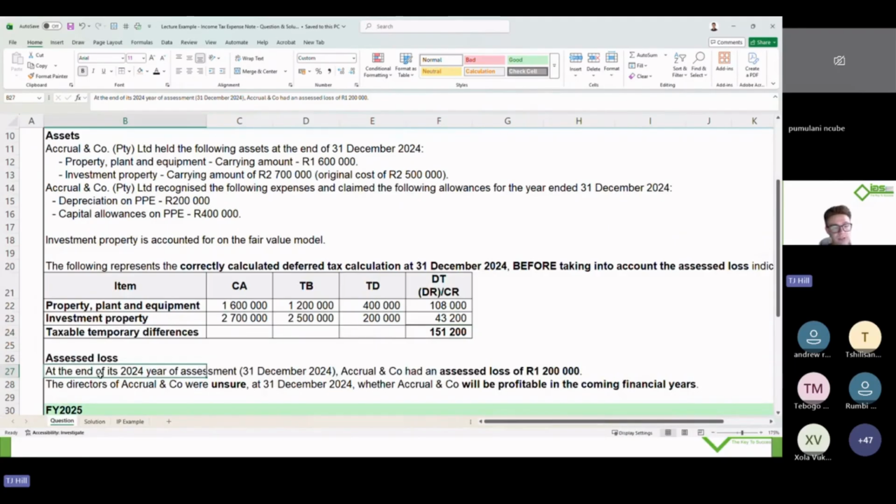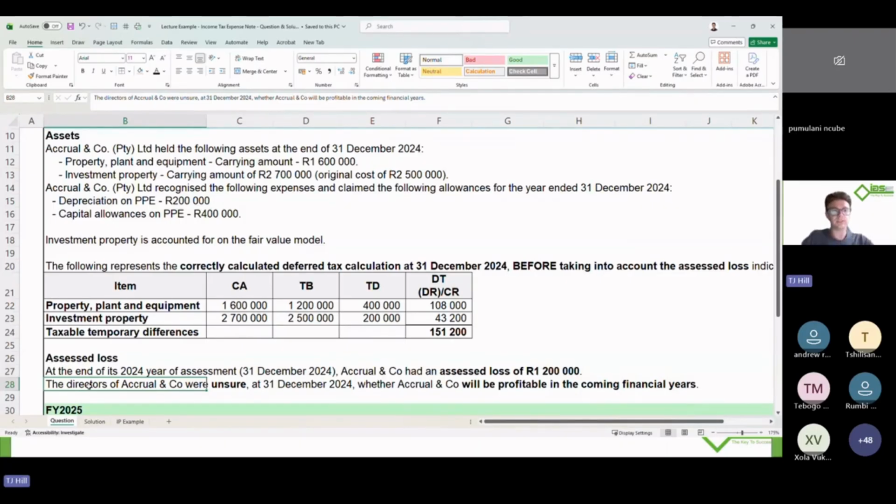But I said to you as well, at the end of last year, you had an assessed loss of 1.2 million. Okay, and I've told you that at the end of 2024, the directors were not sure whether you will be profitable in future.